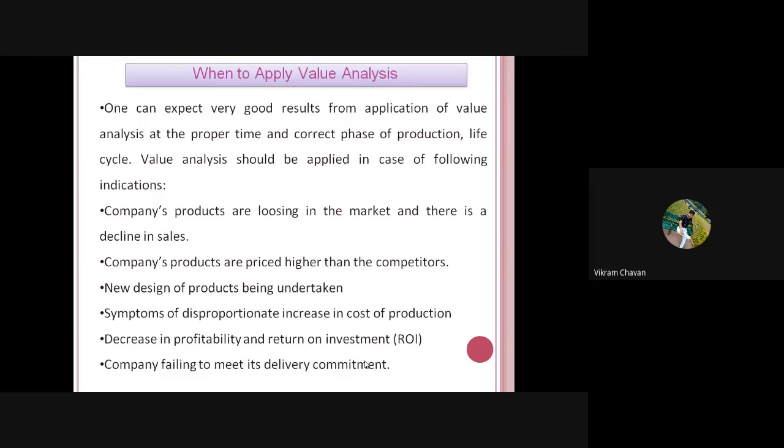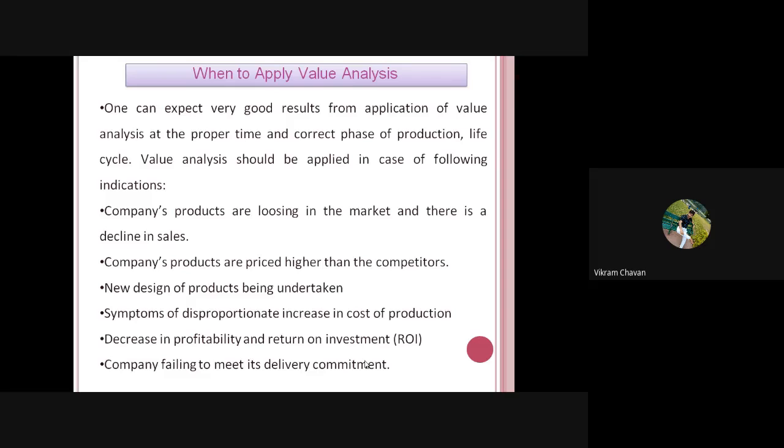Because we want to earn money on those 100 products, so the cost of those 10 products is also included. As your rejection goes higher and higher, your cost of production also goes on increasing, and that will reduce your profit.